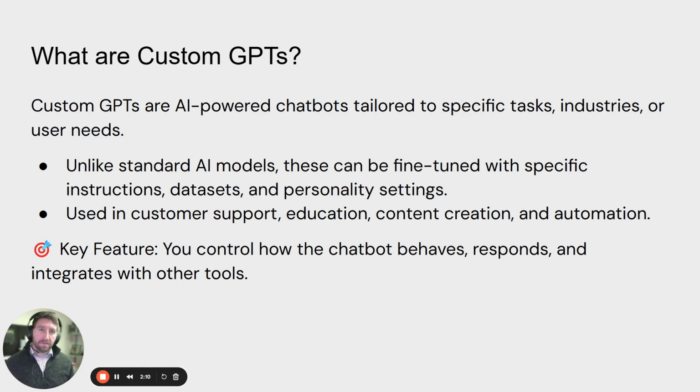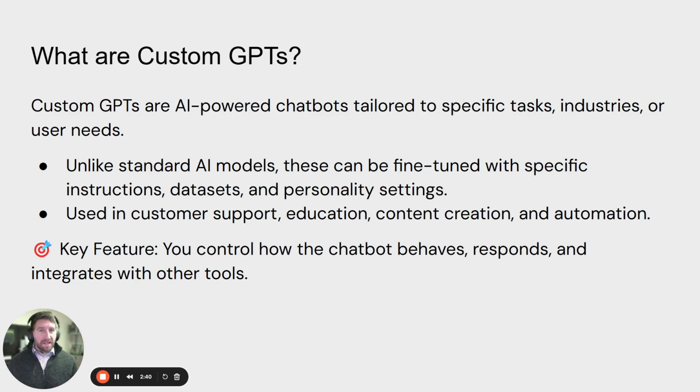When we talk about custom GPTs, these tools are better at answering questions or responding in defined areas. You can give it specific instructions, data sets, personality settings to be able to provide more tailored responses, as opposed to interacting with a model like a Gemini or a ChatGPT, where you have to prompt it to get to the end result that you want.